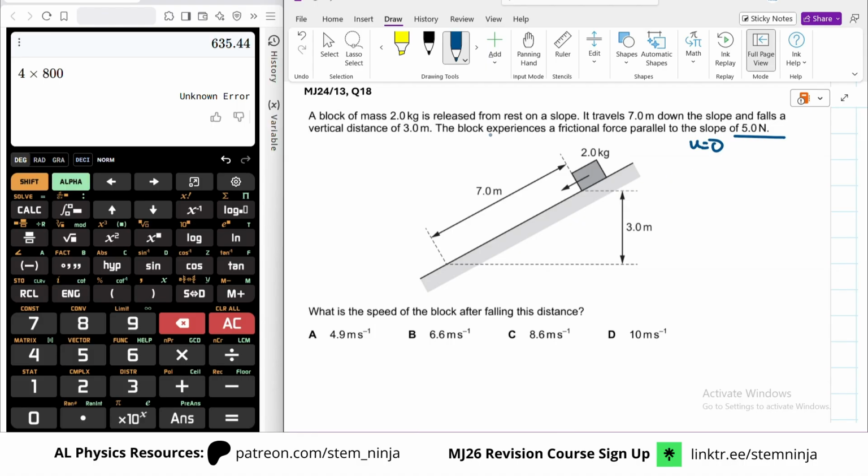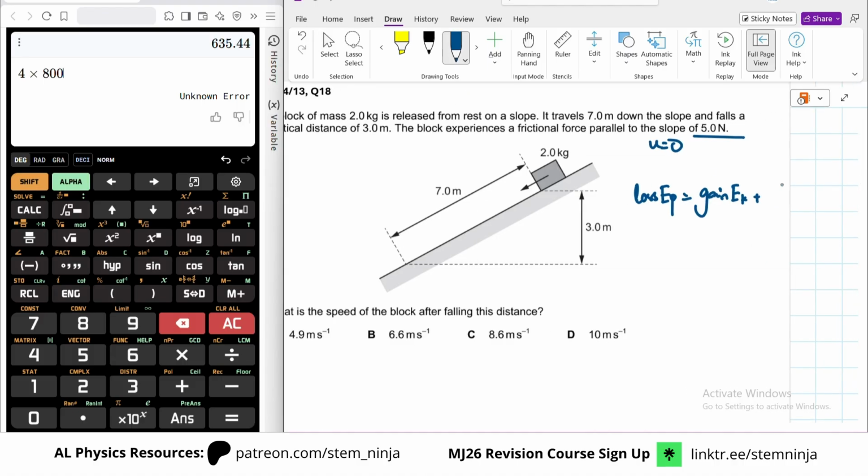So over here, since there is a frictional force, the change in gravitational potential energy is equal to, you can say, the loss in EP also. Let's make that this way. Loss in EP is equal to gain in kinetic energy plus work done against frictional force.